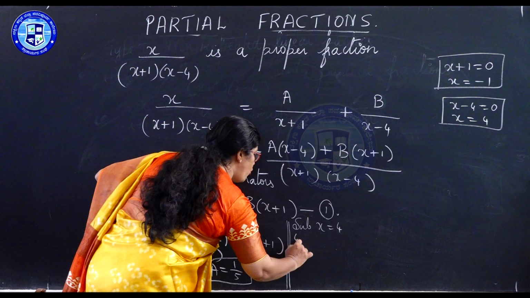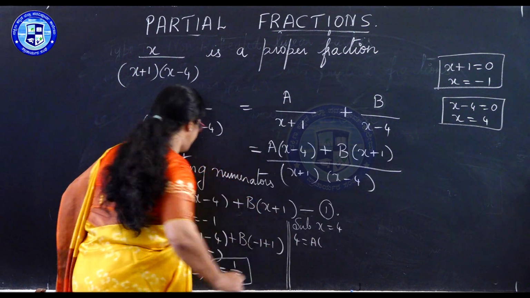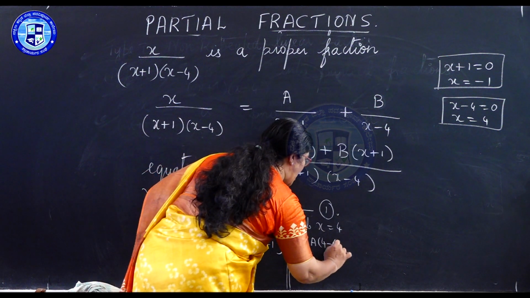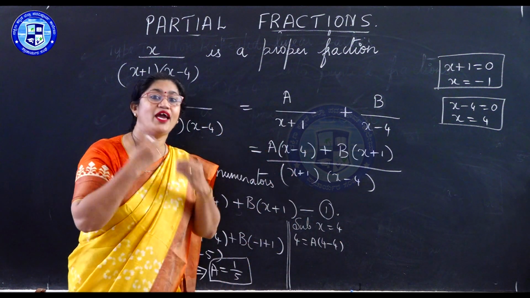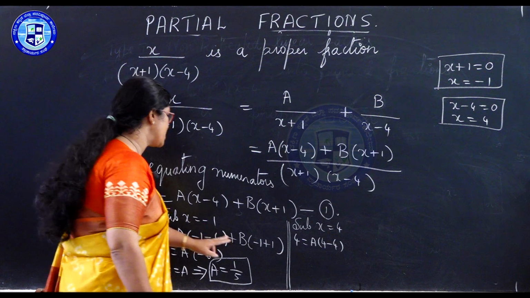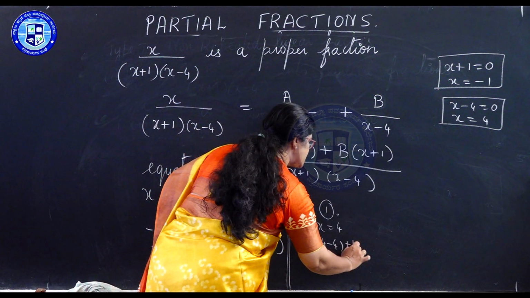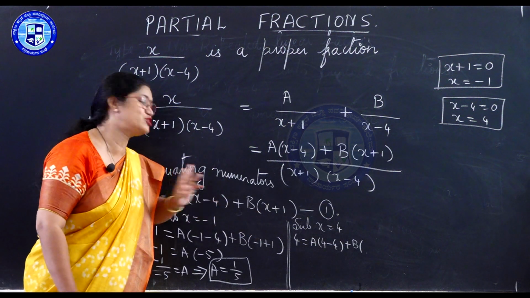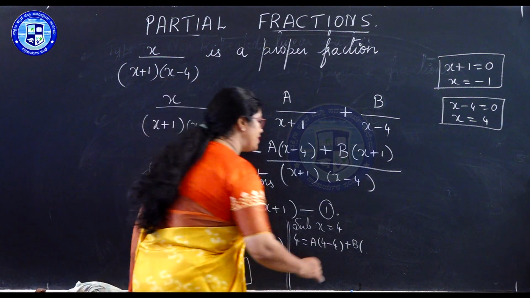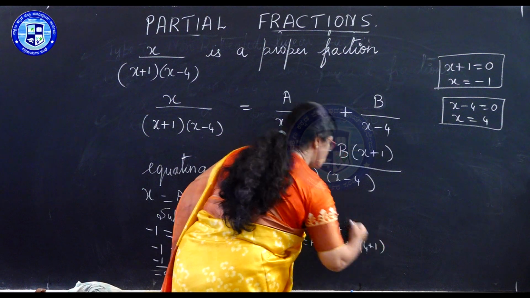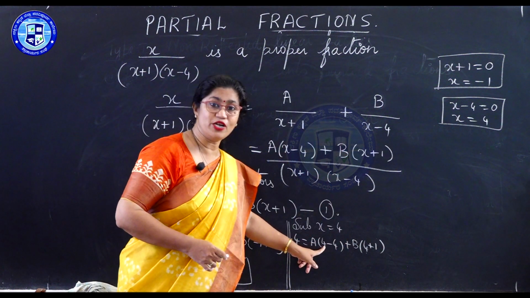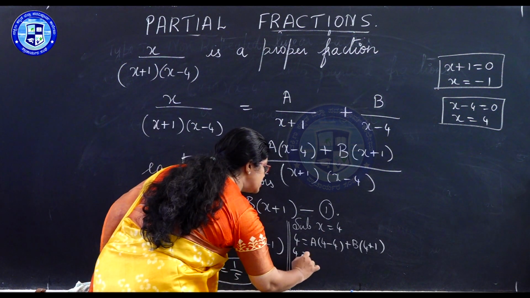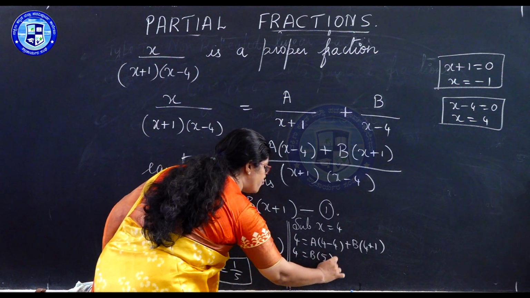So you get 4 is equal to A into 4 minus 4, be very happy, it became 0, A got eliminated. Next one here, plus B into, in the place of x I should substitute 4. So it becomes 4 plus 1. This is gone, very nice. So you are left with 4 is equal to B into 5.